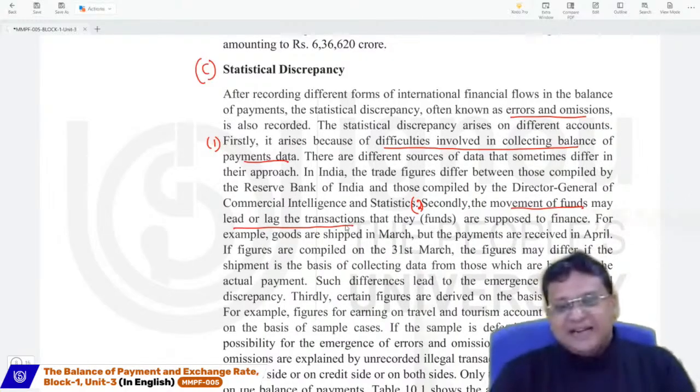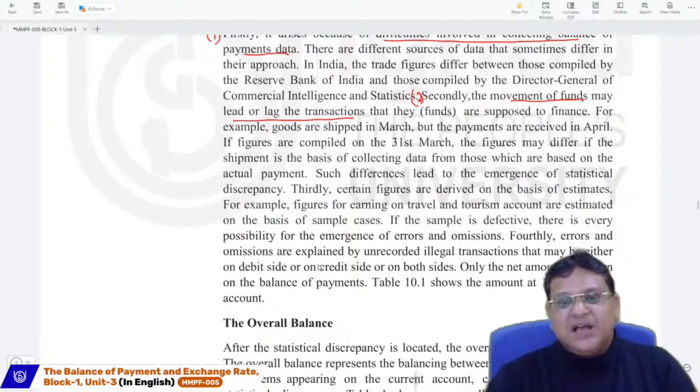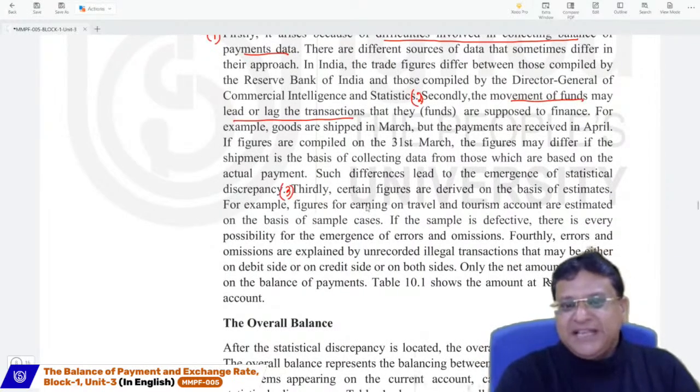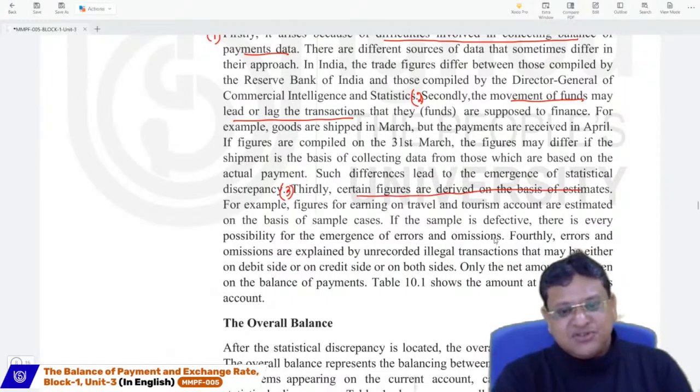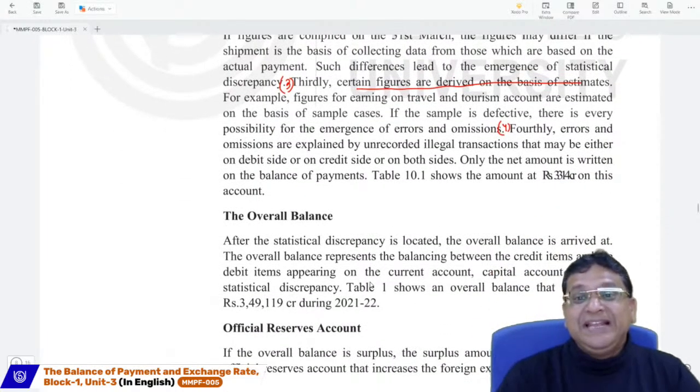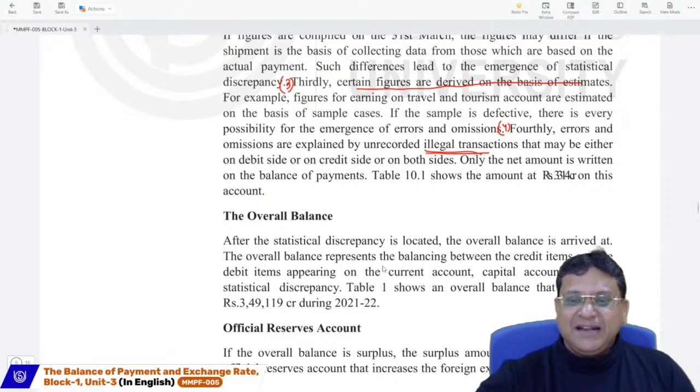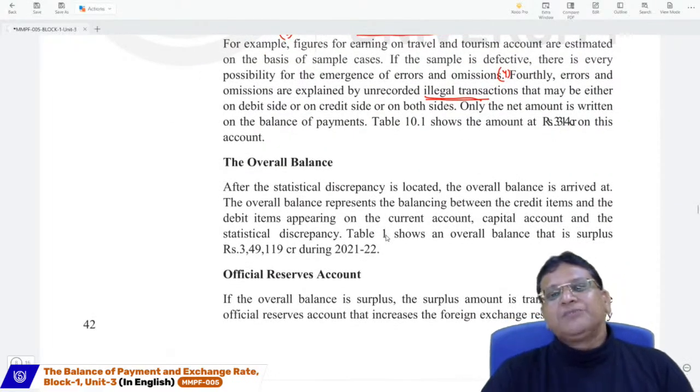Leading and lagging transactions, error occurs. Third, we have to estimate many things under BOP, and there can be wrong estimations. And the fourth reason is that error and omissions may occur due to illegal transactions. There might be many illegal transactions, and these may result in inflow of funds or outflow of funds.